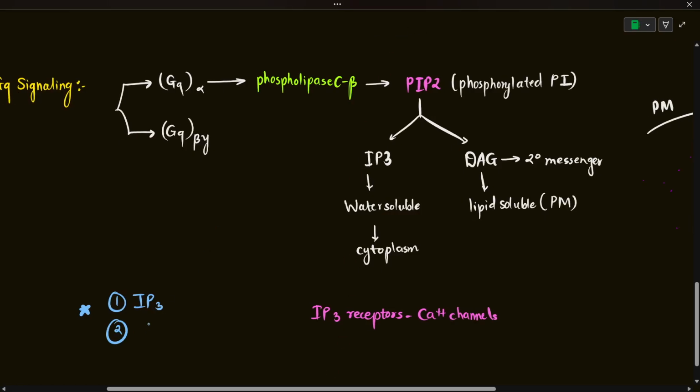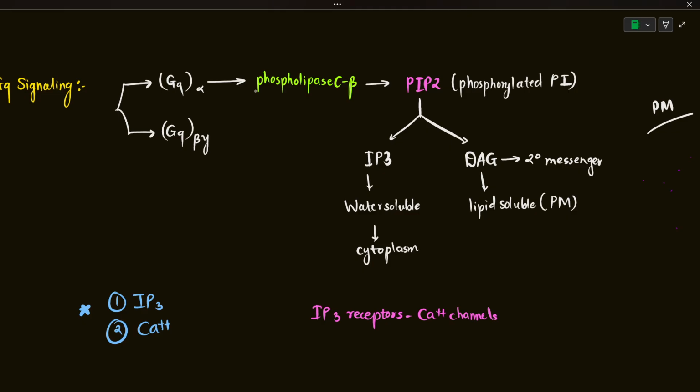So we need two conditions for the IP3 gated calcium ion channels to open. First, IP3 should bind to that receptor, and it should trigger the conformational change. Once it triggers the conformational change, the calcium binding site should be exposed on the cytosolic part, and the cytosolic calcium will bind to that calcium binding site present on the protein.